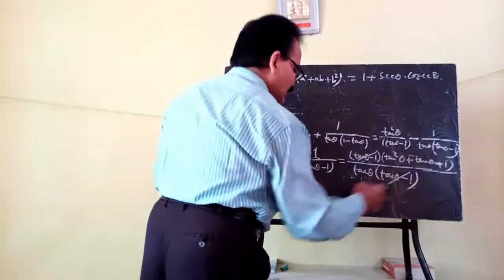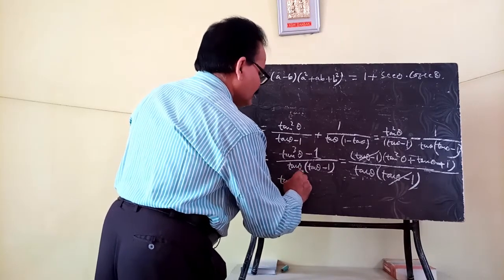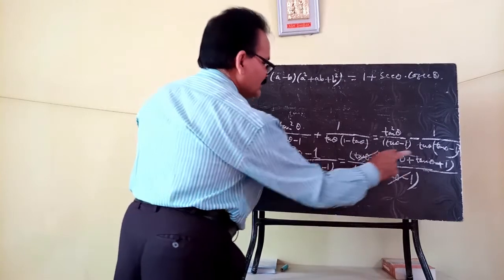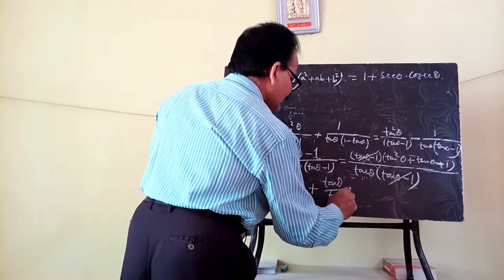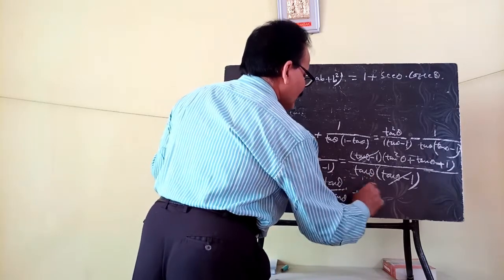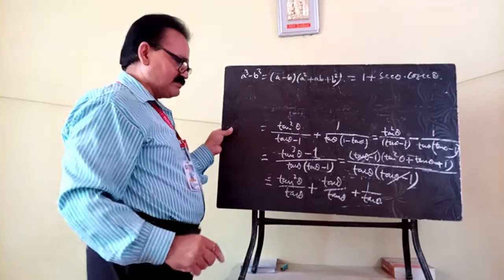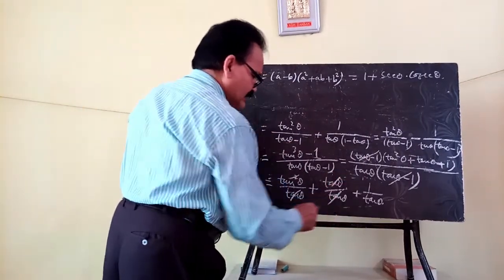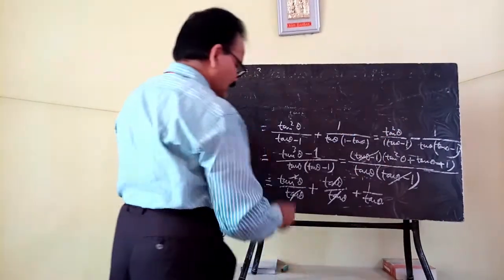Now you split it up into three fractions, that is tan square theta by tan theta plus tan theta by tan theta, then plus 1 by tan theta. So you have split it up. Tan square theta by tan theta cancels, tan theta by tan theta cancels. What have you got right now?